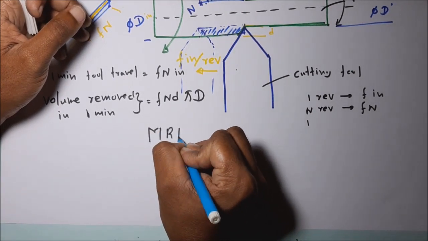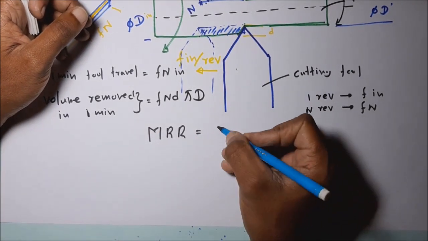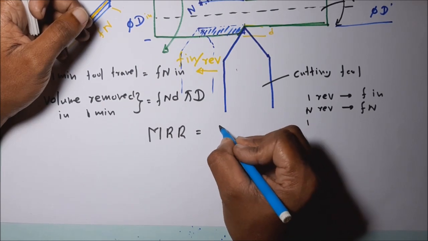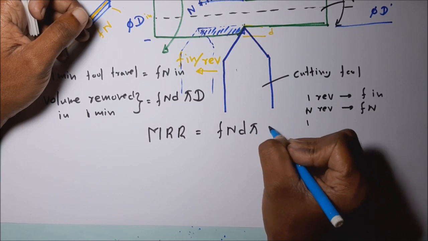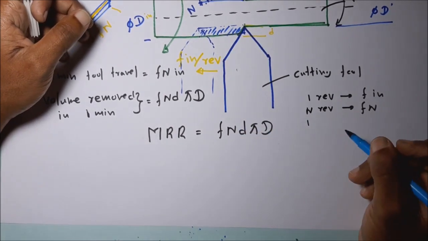Material removal rate is equal to F N D pi into capital D.